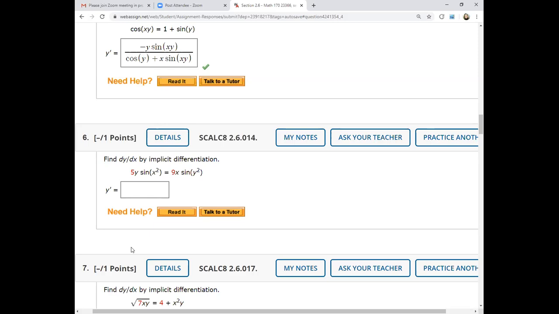If you're differentiating y with respect to x, implicitly you get dy dx. So the derivative of 5y with respect to x is 5 times dy dx. The 5 doesn't change, but the y changes. Okay.